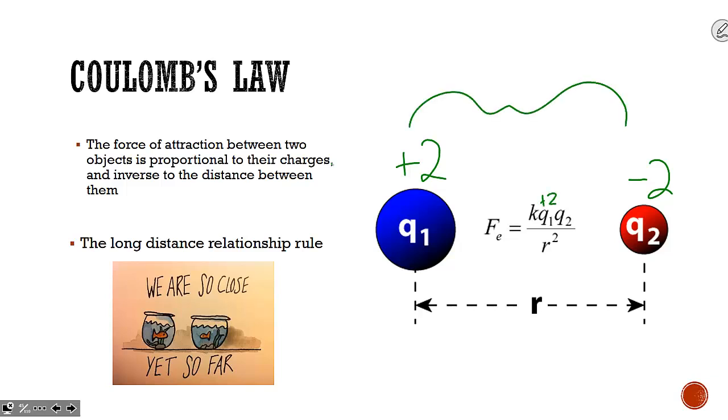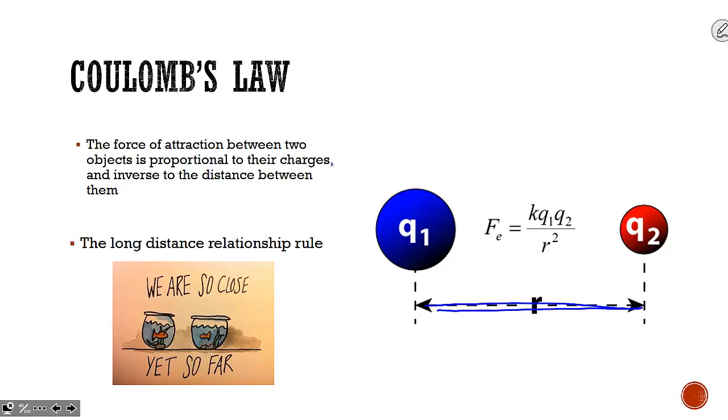Now, those charges are given the variable Q, so this force of attraction between a +2 and a -2, a 4, would be much stronger than, say, a +1 and a -1, where your force of attraction would be just 1. The charges are just half the equation there, because Coulomb's law also states that the greater the distance between two objects, the weaker the attraction.